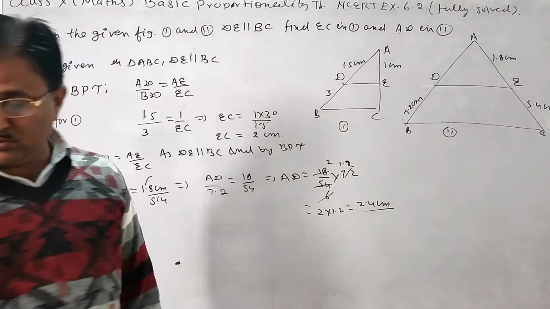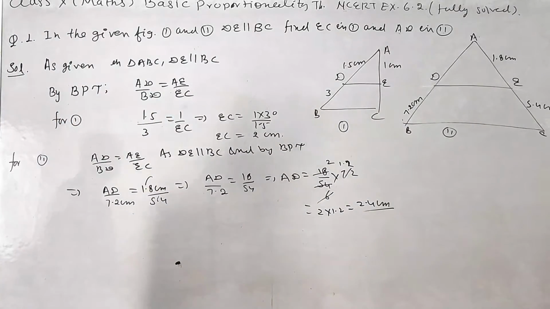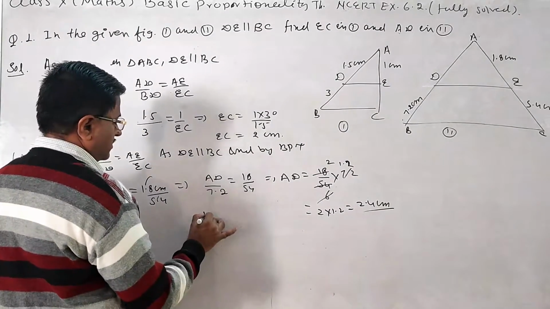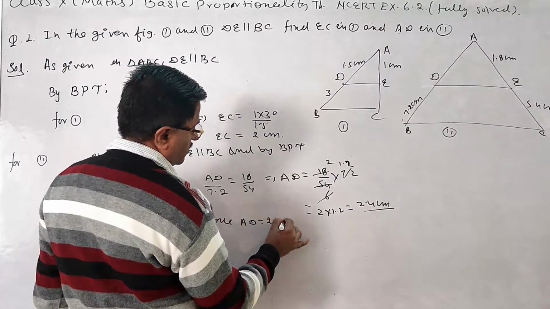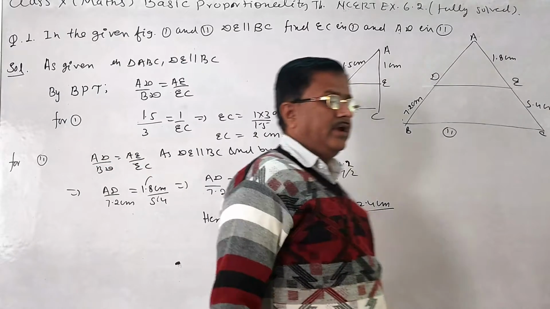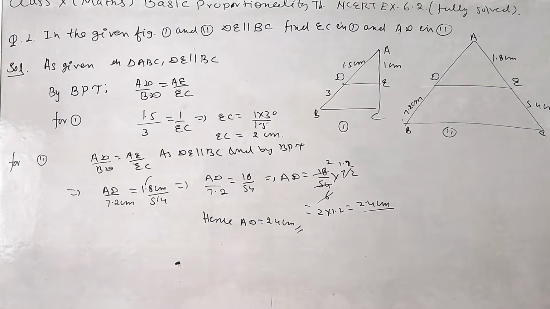Hence AD equals 2.4 centimeter. So in this way, using the basic proportionality theorem, we can find the length in the figure.